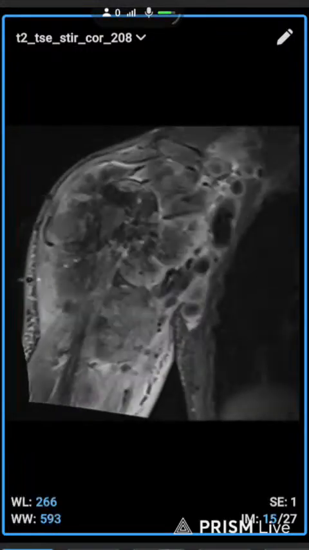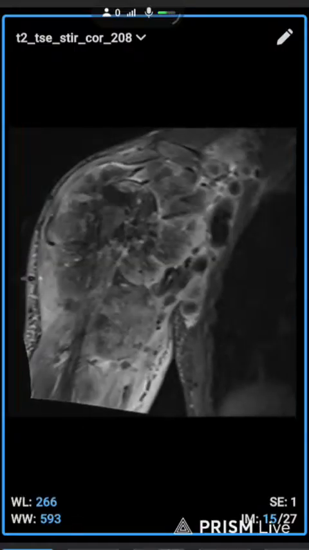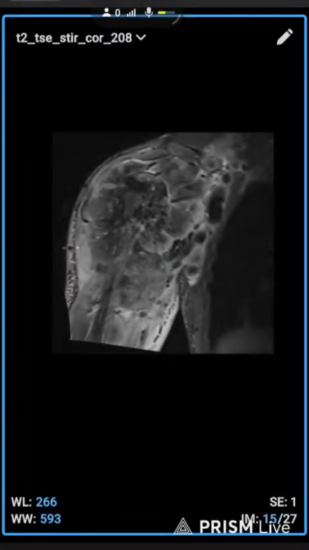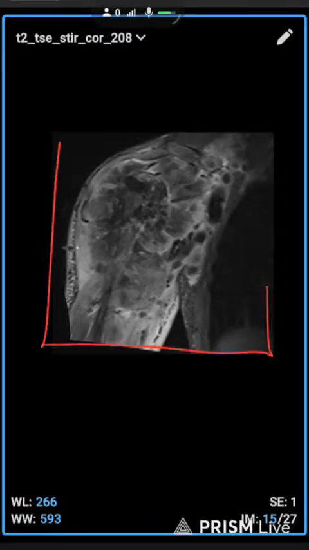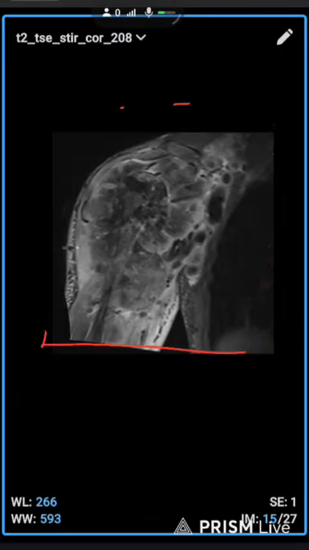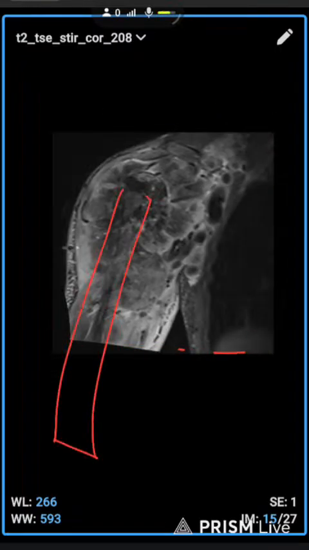Also we try different sequences. If we find this type of problem in the shoulder joint, the sequence is just with the FOV increased in this scenario, but sometimes you have to include the humerus bone with the shoulder.